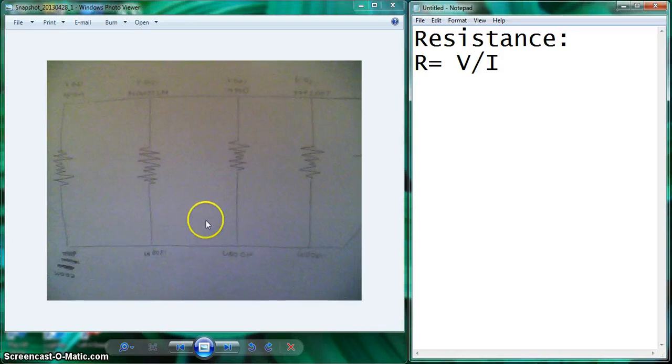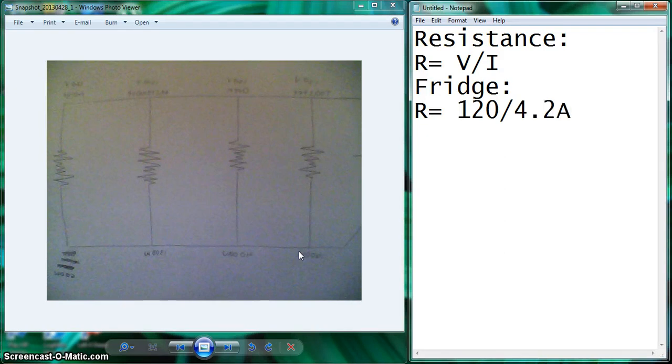So I guess let's start with the fridge, how we did previously. We're going to go R equals voltage, which is 120, divided by about 4.2 amps, and that should equal about 119.